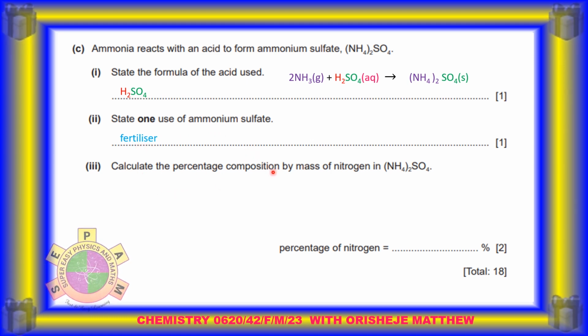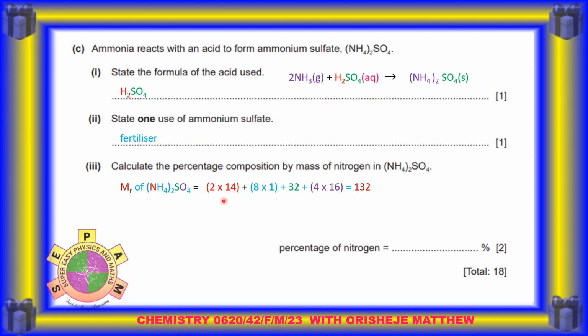Calculate the percentage composition by mass of nitrogen in ammonium sulfate. So here your periodic table is important again. You look at the molar mass of each of the elements. So the molar mass of ammonium sulfate, let's do that. How many atoms of nitrogen? 2. So 2 times the molar mass, 14, gives you 28.